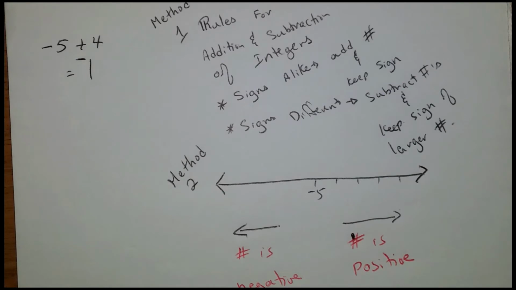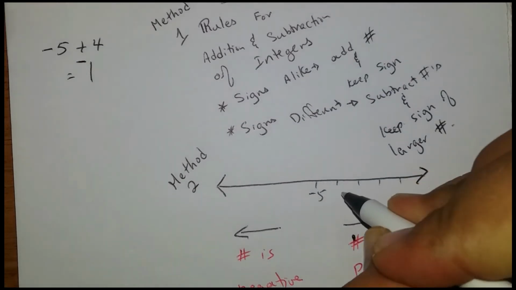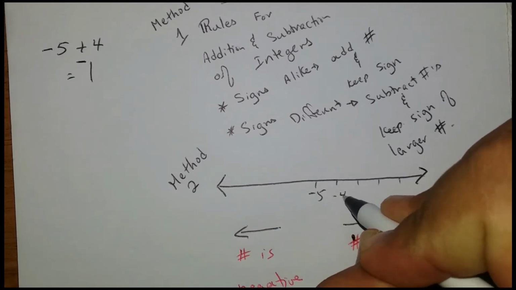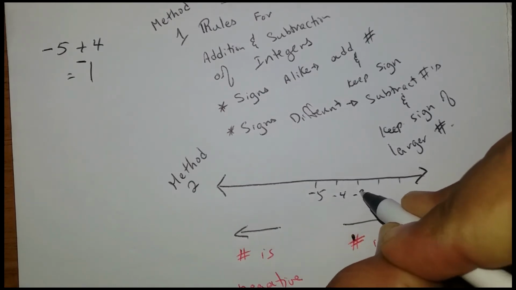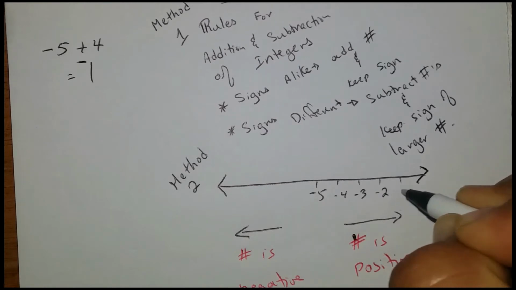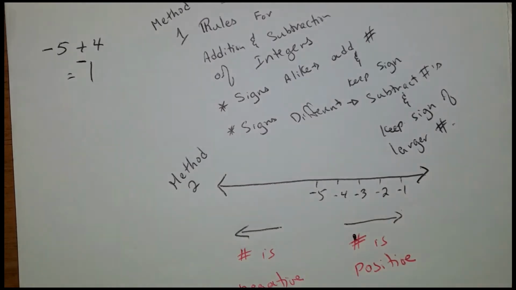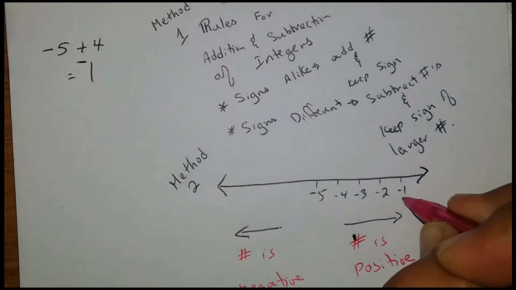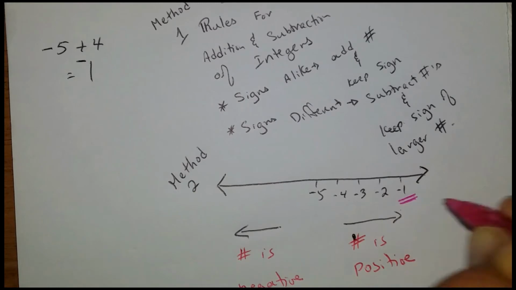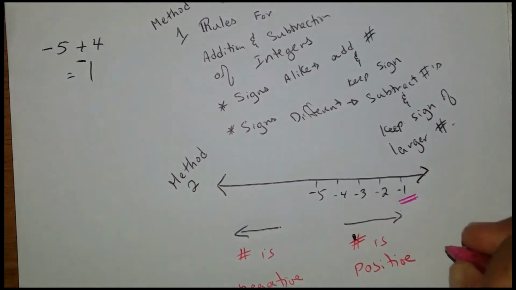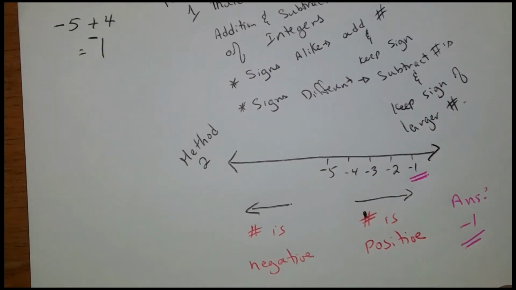If you continue filling out the number line, in that direction we would go -4, -3, -2, -1. So that means that we moved in that direction. My answer is -1. All right? So that is what we have.